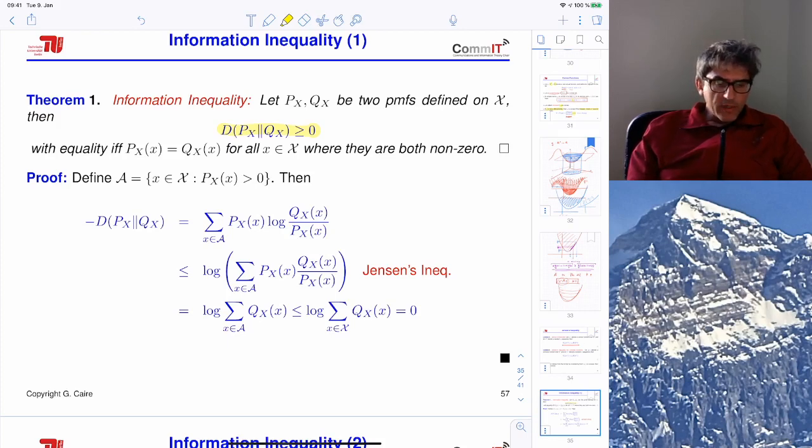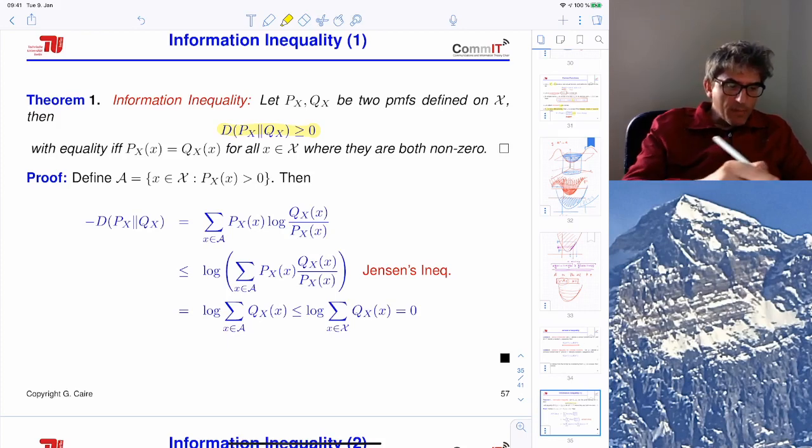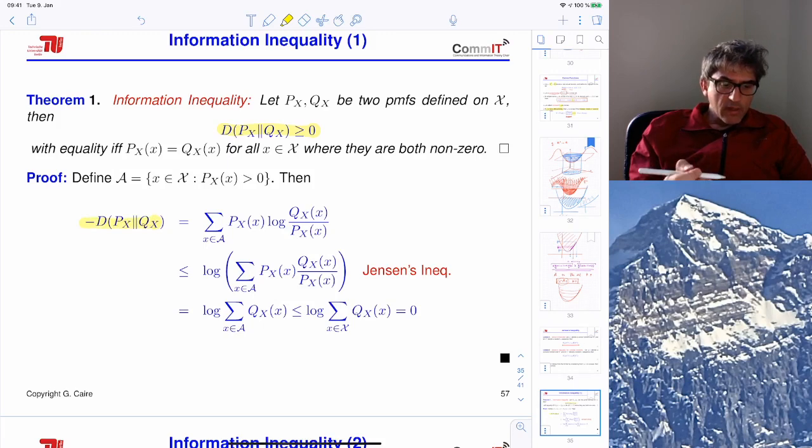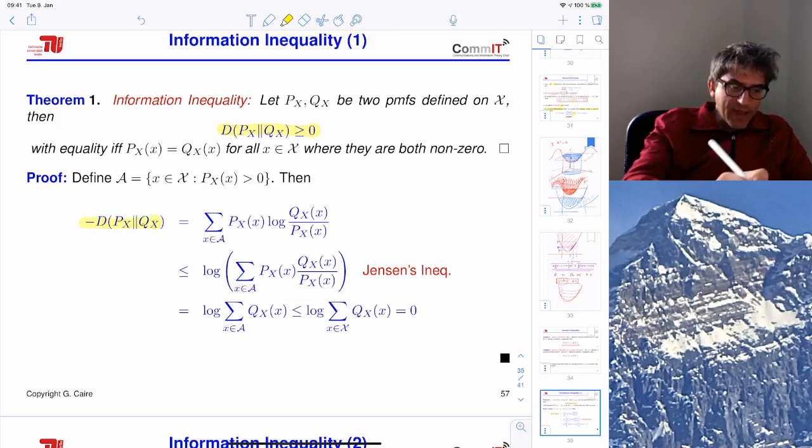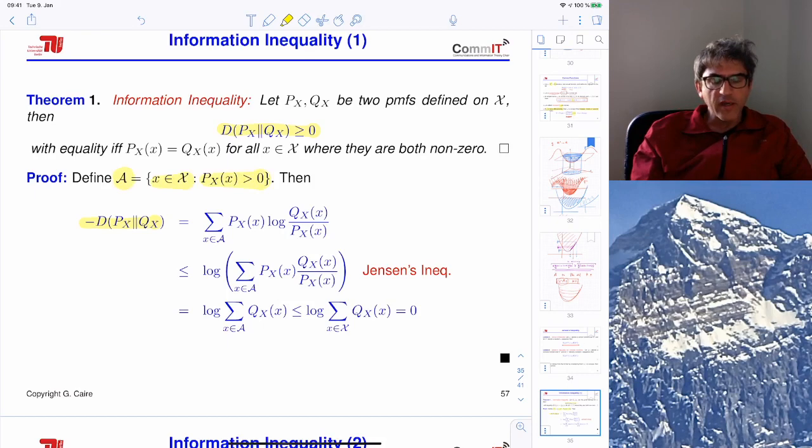So how do we prove this? Well, we write minus the divergence. First we define the subset A of all the points in X such that P is strictly positive, because we don't want to divide by 0, right? So then remember how the divergence is defined.